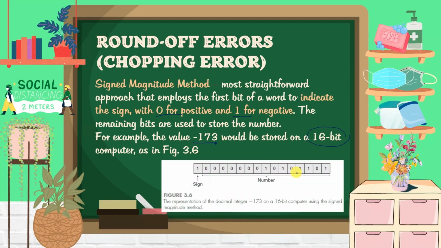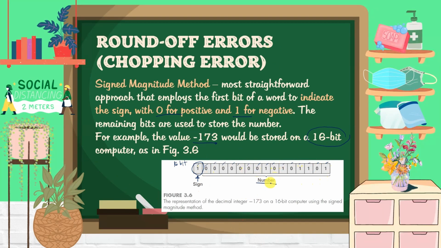So take note class, ito yung ating 16-bit. So 1, 2, 3, 4, 5, 6, 7, 8, 9, 10, 11, 12, 13, 14, 15, 16. Kaya siya 16-bit. And the first part of that bit system will be for the sign and the rest will be for the number.